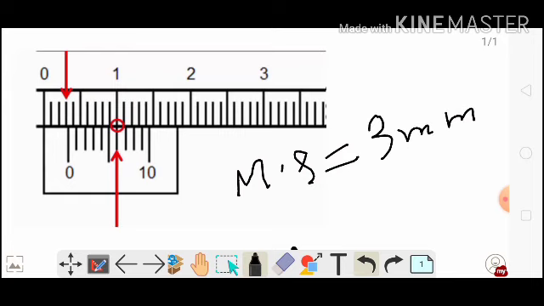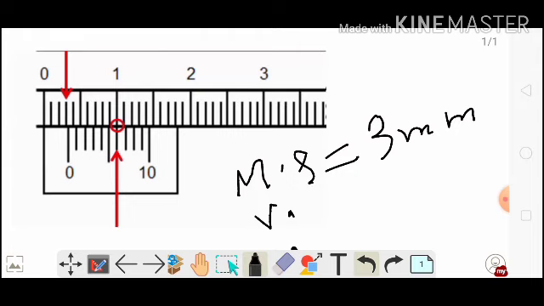First let's take the main scale reading, and then you have to take the vernier scale reading. To take the vernier scale reading, you have to closely observe which mark on the vernier scale is coinciding with the main scale. For this particular figure, the sixth mark in the vernier scale is coinciding with one of the marks.